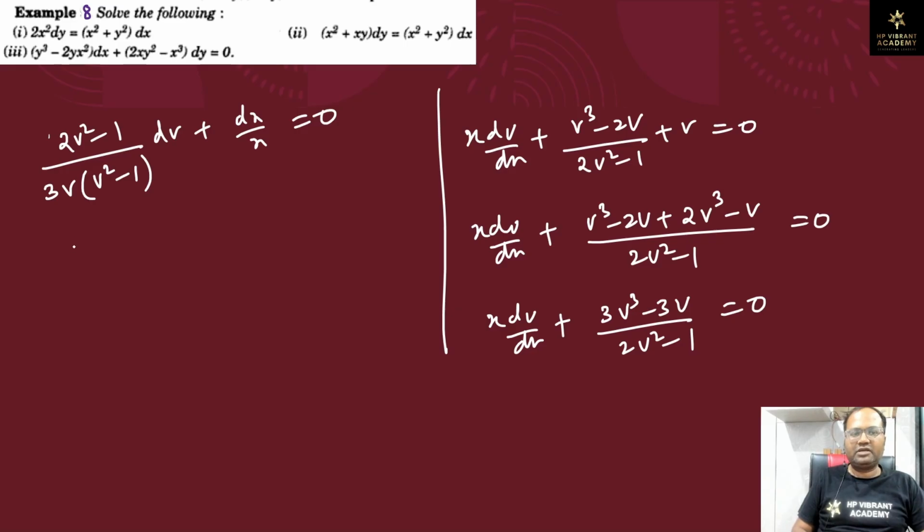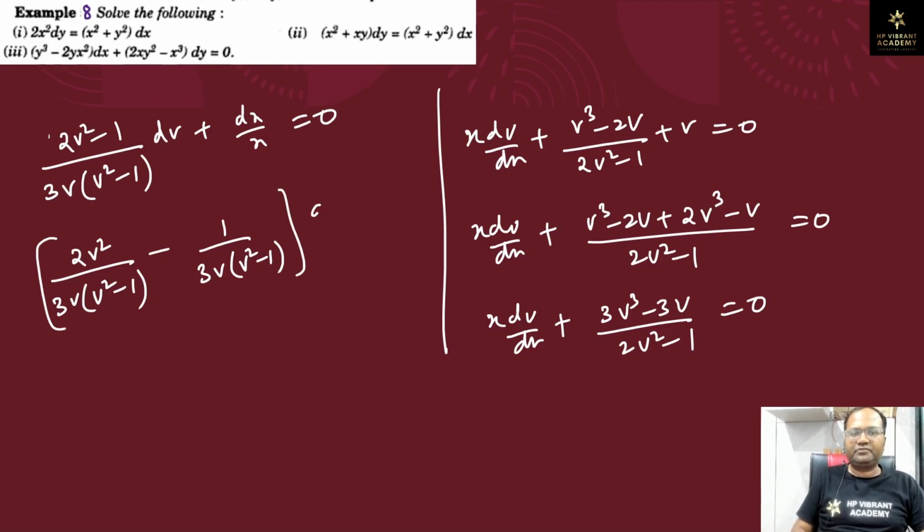So from here, let us bifurcate this. So we have (2v square) upon (3v (v square minus 1)) minus 1 upon (3v (v square minus 1)) dv plus dx upon x integration. So we have this v gets cancelled.